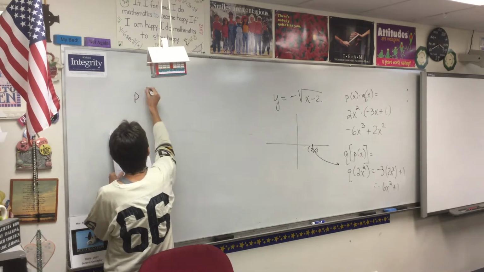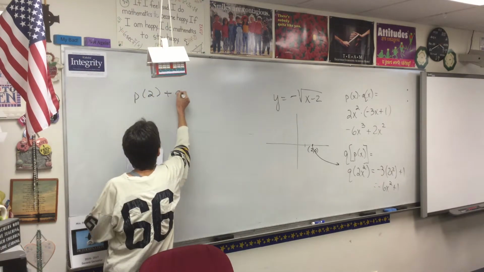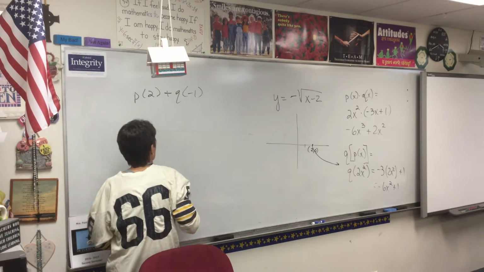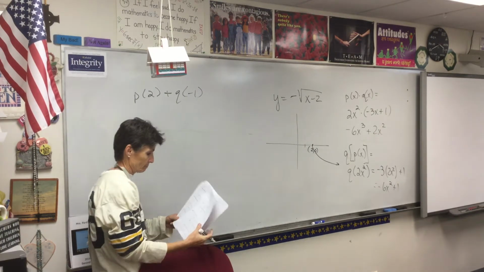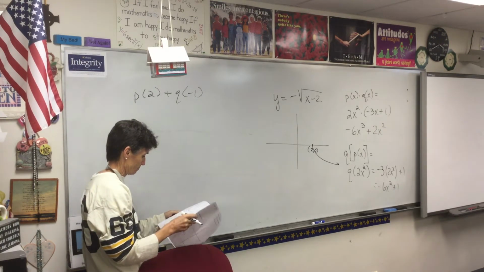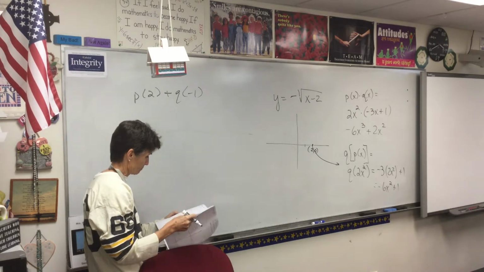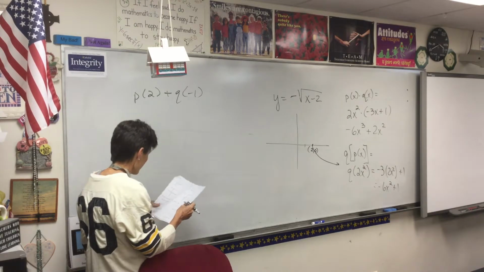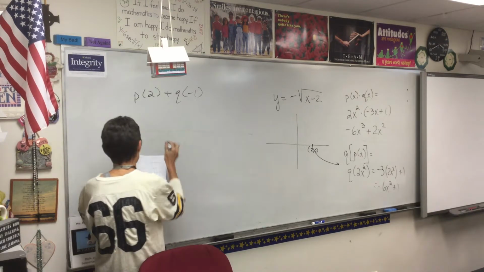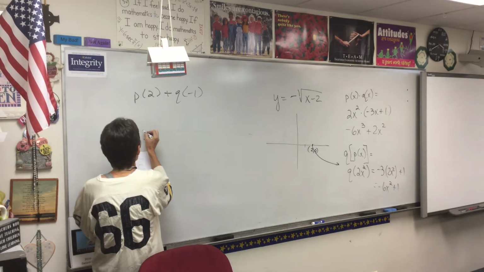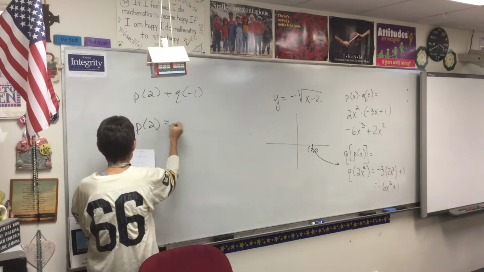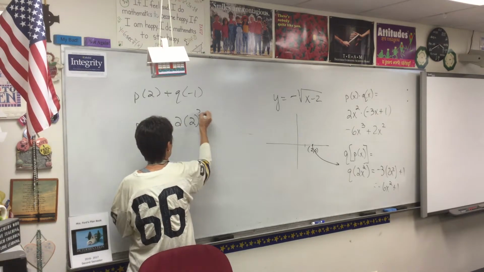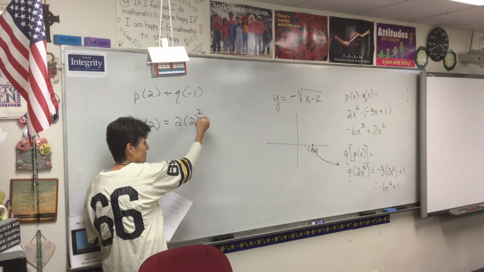C, P of 2 plus Q of negative 1. All right, so what's P of 2? 8. P of 2 would be 2 times 2 to the second. Do this first. 4.